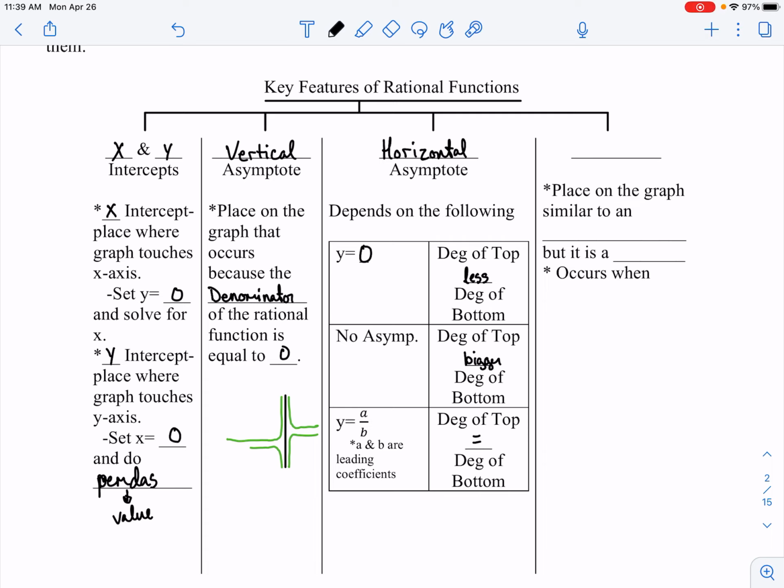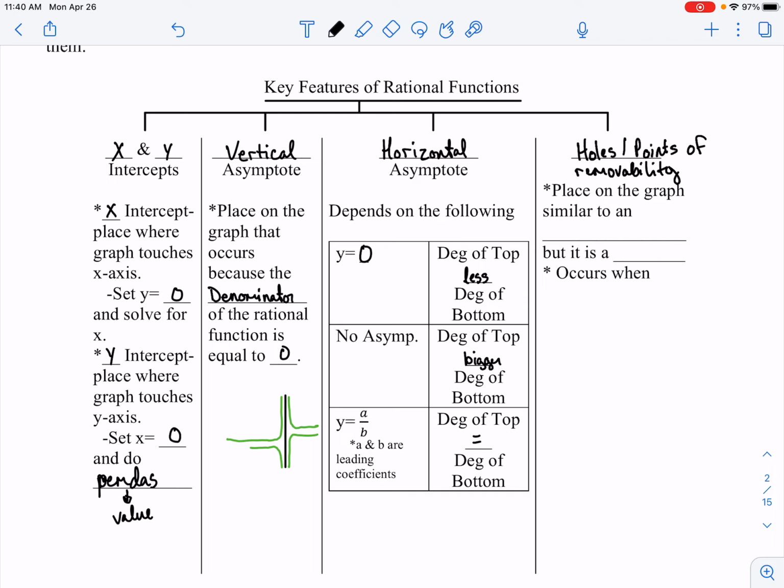The last key feature of rational functions that we're going to look at is holes, or points of removability. Both of them are going to mean the same thing.